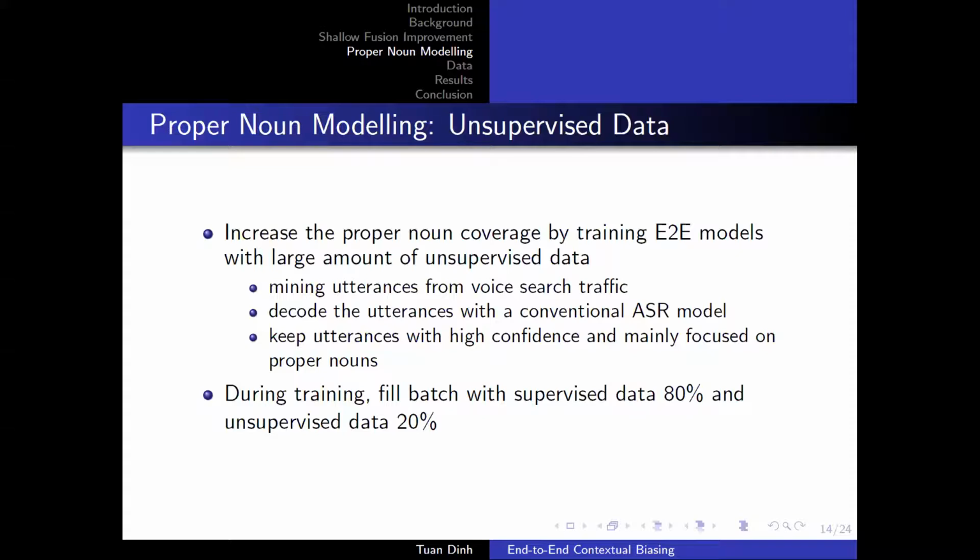To form the unsupervised data, we mine the utterances from voice search traffic, and we decode the utterances with a state-of-the-art conventional ASR model. We only keep the utterances with high confidence score and mainly focus on proper nouns. And during training, we fill the batch with 80% supervised data and 20% unsupervised data.